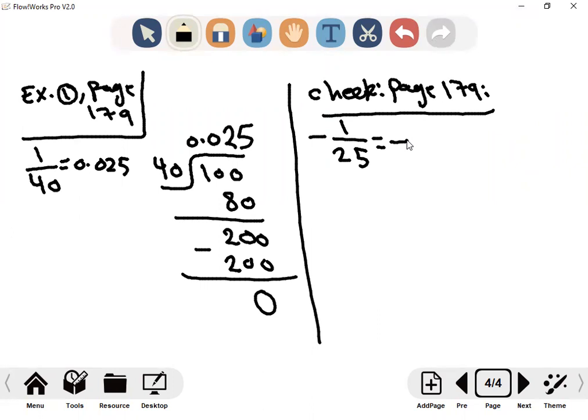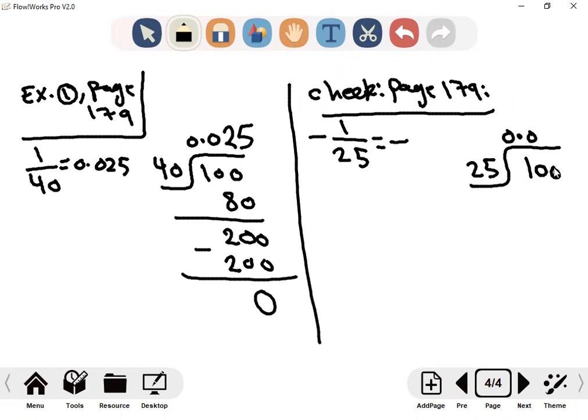So here 1 divided by 25. Can the 1 be divided by 25? No. 0, decimal, 0, right? So here we add 0, decimal, and here what? Up. Can the 10 be divided by 25? Still no. So we need to add 0 to the dividend, but up also like this.